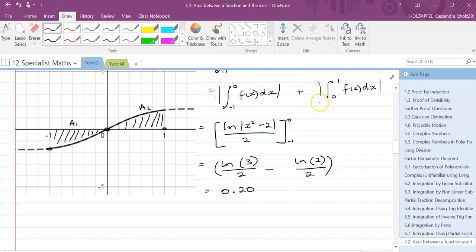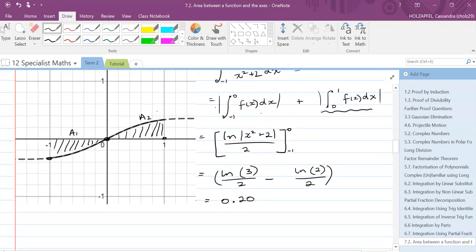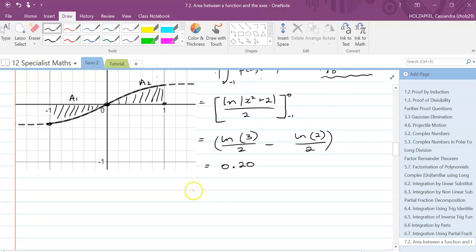Okay, so let's go ahead now and do the same thing for area 2, and then we can add those two values together. So we're going to do that same function, ln of (x² + 2) over 2, and this time we're going to go from 0 to 1.